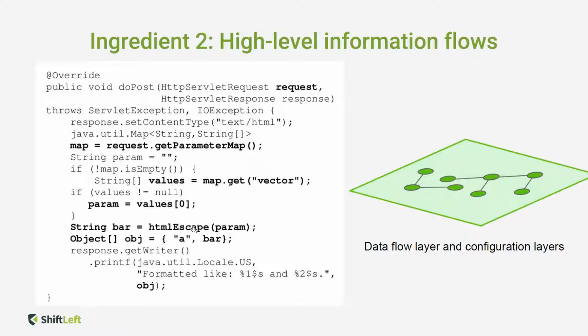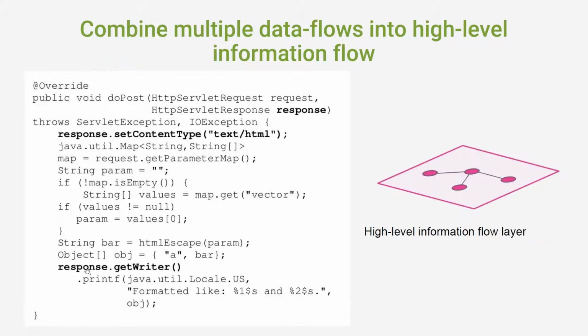Now, ignore the escaping for a bit, but overall, this is the primary flow of information that goes from an HTTP request into a printf routine. Now, that's actually not enough to decide whether this is a cross-site scripting or not. What you additionally need is you need to find out where does this printf actually go. And so to do that, you would need to consider a second flow, which is the flow of the response.